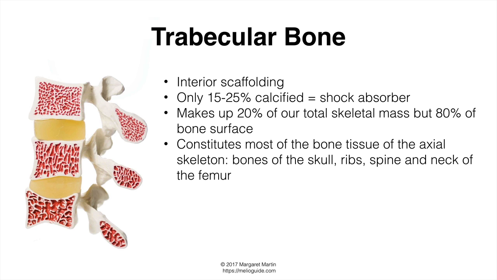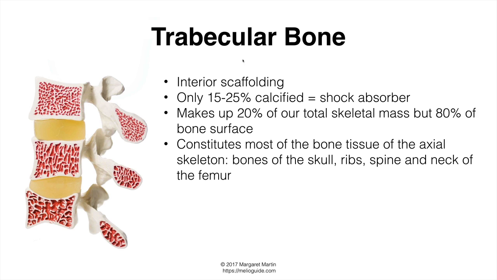So here you see a bone that is becoming more osteoporotic, and here's a very extreme osteoporotic bone with an actual collapse of the outer shell, or that cortical bone getting collapsed or compressed.